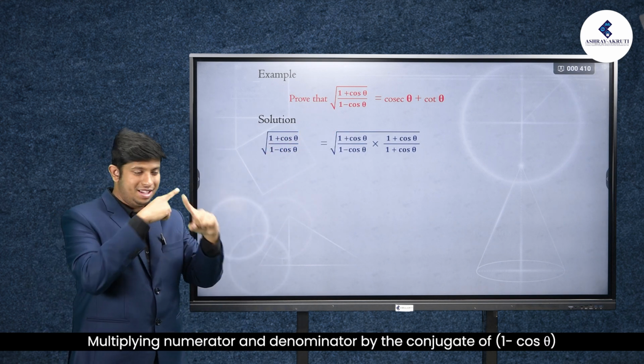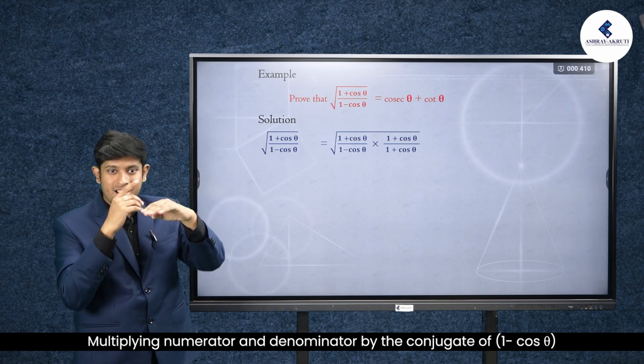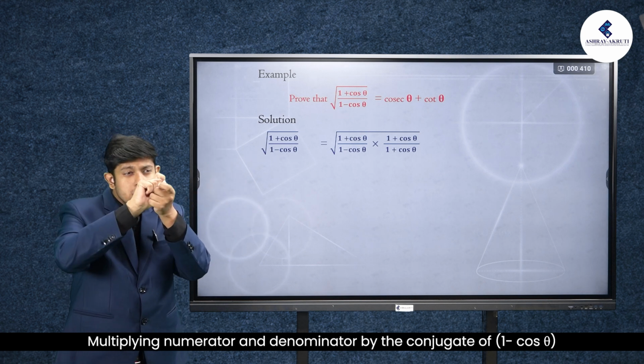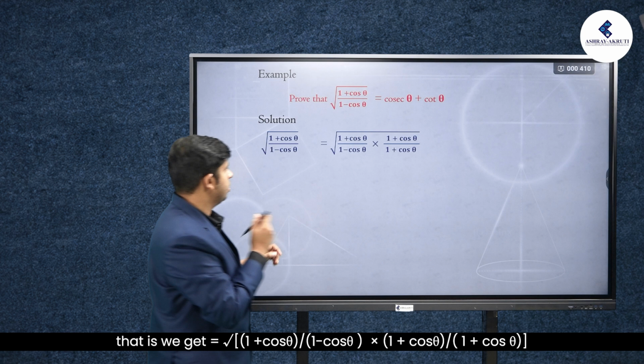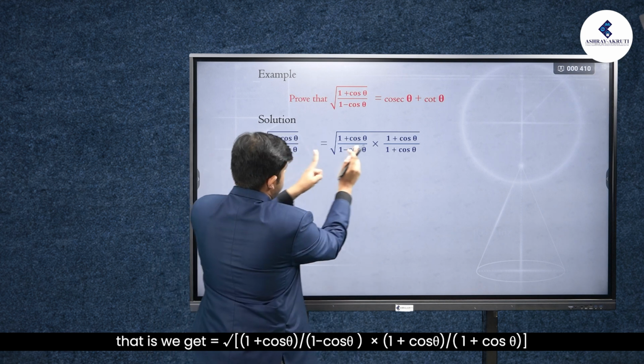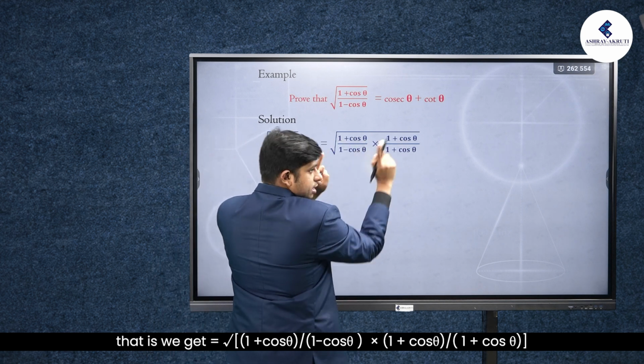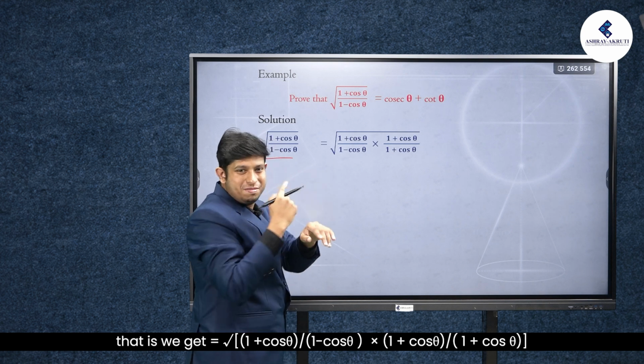Multiply numerator and denominator by the conjugate of 1 minus cos theta. That is, we get under root (1 plus cos theta) by (1 minus cos theta) into (1 plus cos theta) by (1 plus cos theta).